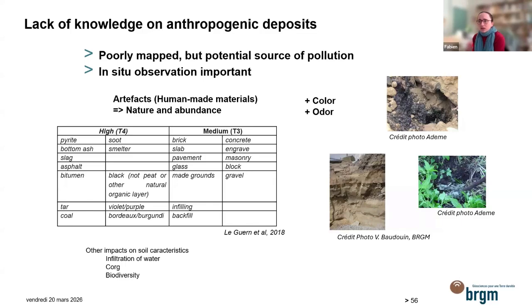The presence of artifacts, so human-made materials, in terms of nature and abundance, is important to assess the intrinsic pollution potential of these anthropogenic deposits. Here is some vocabulary proposed in a paper in 2018 to assess this intrinsic pollution potential of anthropogenic deposits. And also color and odor are important.